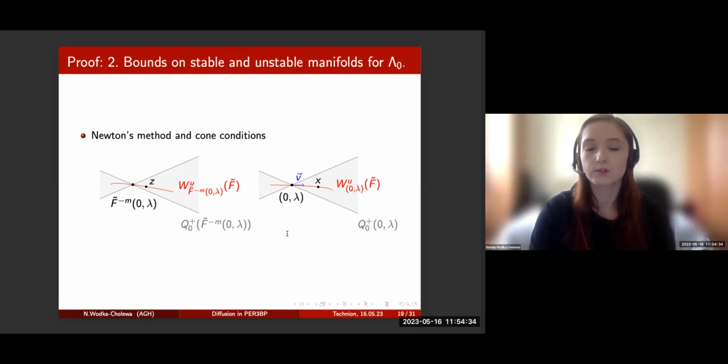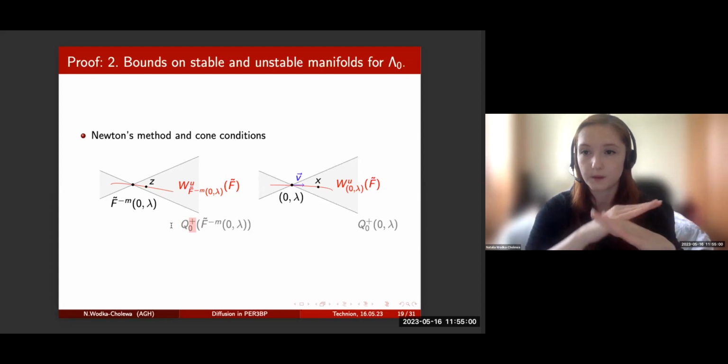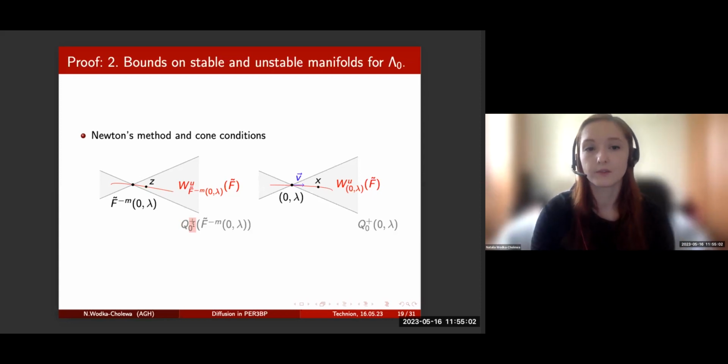Cones don't have to be round, they can be cubic or something, and they look something like this. They also are named Q plus, because you can go with the gray area or the white area, it depends on your setting.